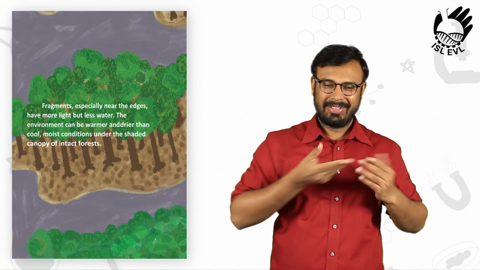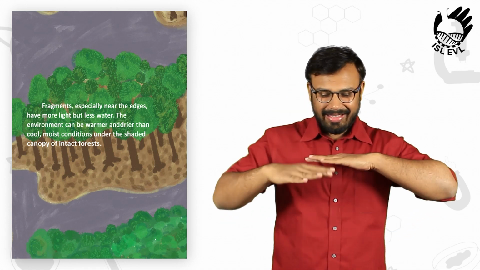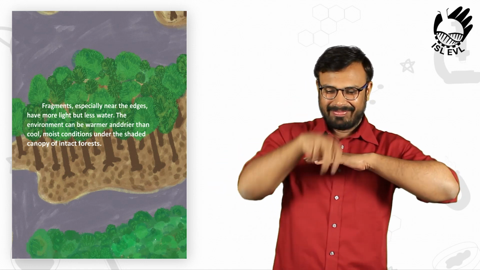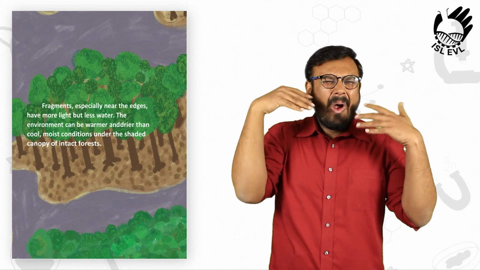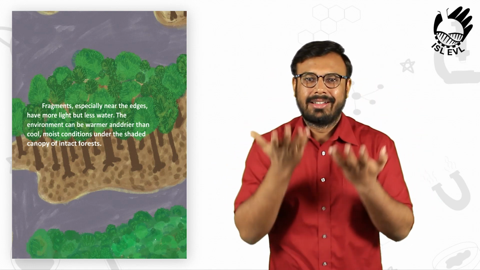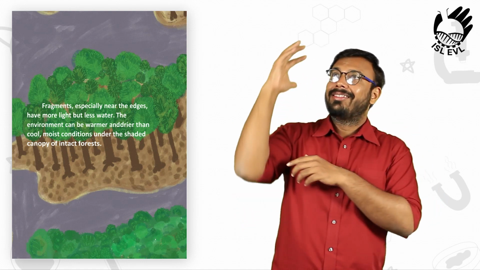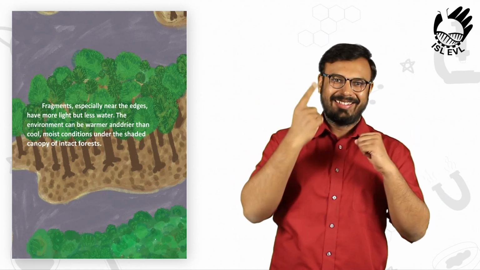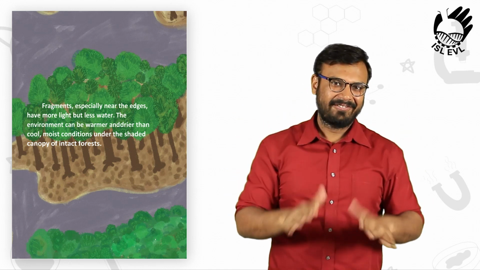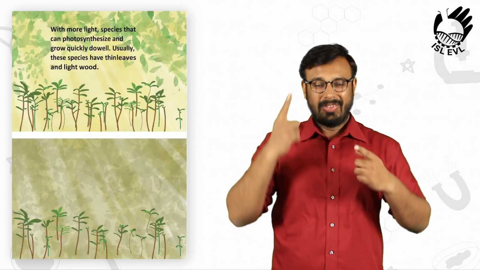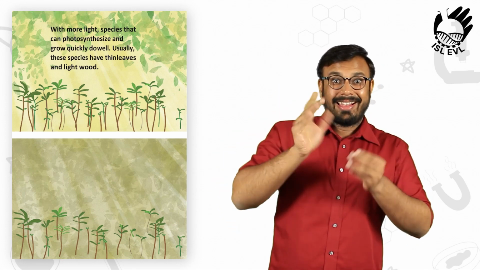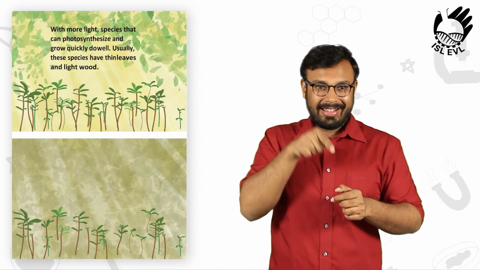Fragments, especially near the edges, have more light but less water. The environment can be warmer and drier than cool, moist conditions under the shaded canopy of intact forests. With more light, species that can photosynthesize and grow quickly do well.